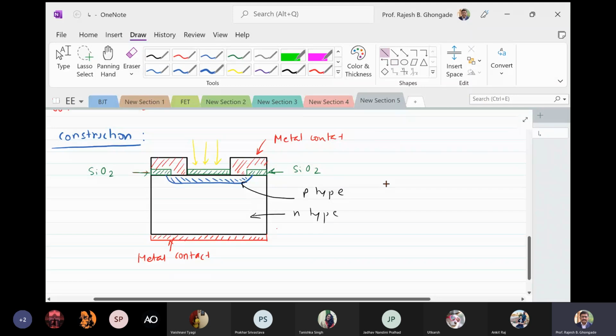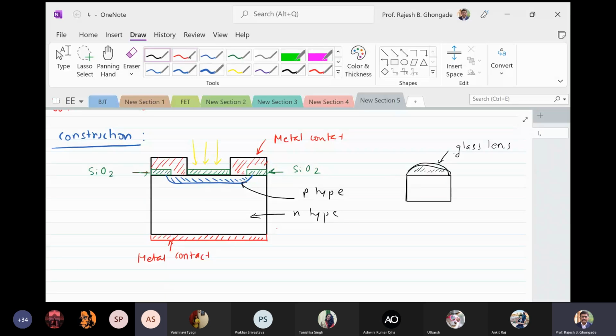So if you look at another view, you have a glass lens here, and then you have the terminals like this.